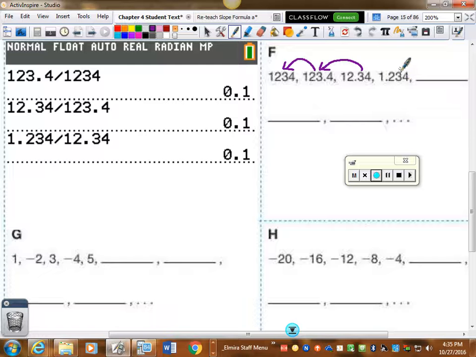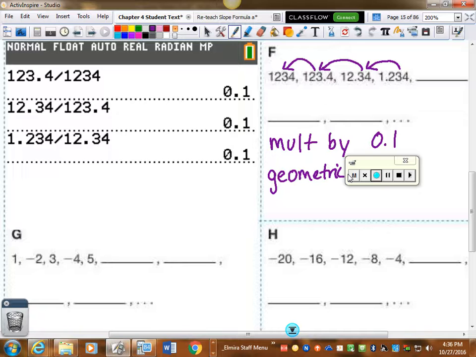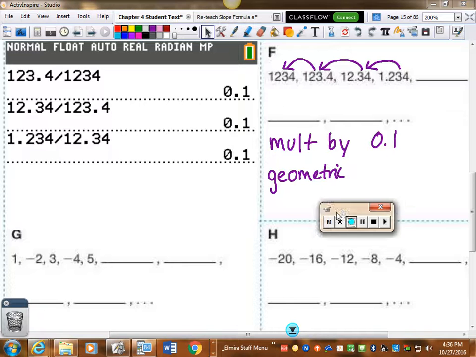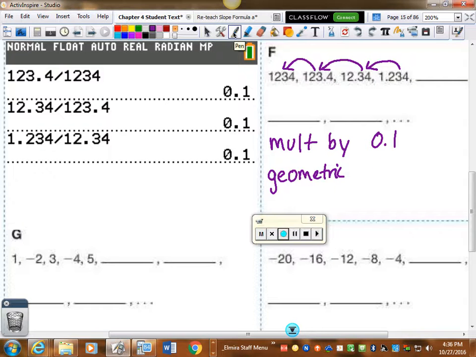Then I divided 1.234 divided by 12.34. And I got the same thing, 0.1. So therefore, the pattern is multiply by 0.1. And since it's a multiply pattern, it is geometric. Geometrics have R, common ratio, of 0.1.